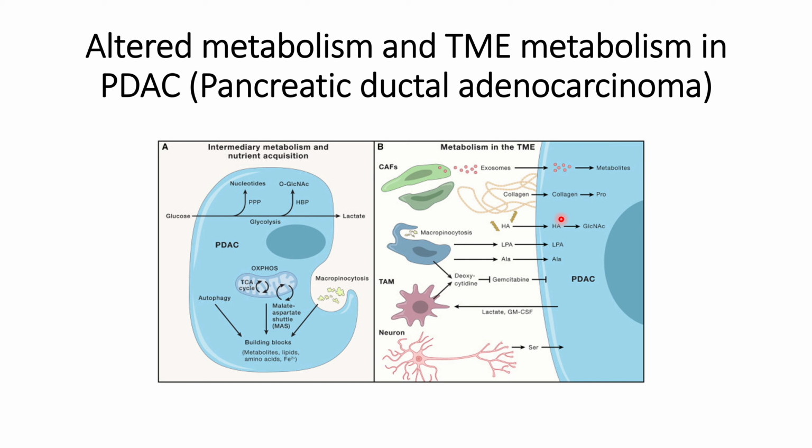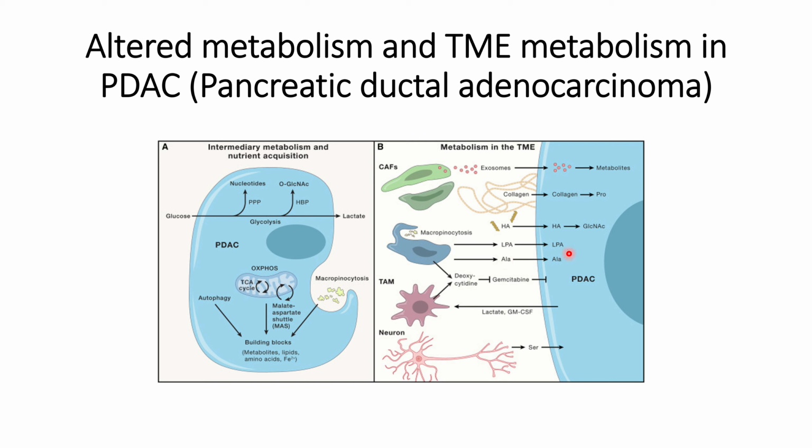Since one of the major contributors among the metabolites are amino acids, some pools are specially maintained by tumor microenvironment factors. For example, collagens help in maintaining the pool of proline, whereas hyaluronic acid helps in maintaining the pool of glycine, and macropinocytosis helps in maintaining the pool of alanine and LPA.